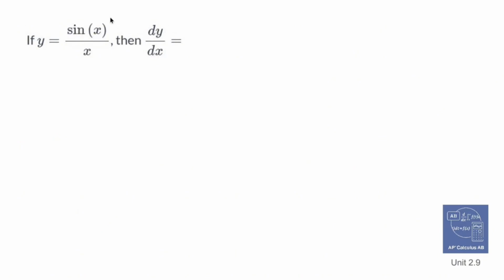If y equals sine x over regular x, then dy dx equals, well, this is going to use, kids, the quotient rule. The quotient rule says if you take the derivative of something in the form u over v, and sine x would be u and x would be v, you would do u prime v minus v prime u all over v squared.